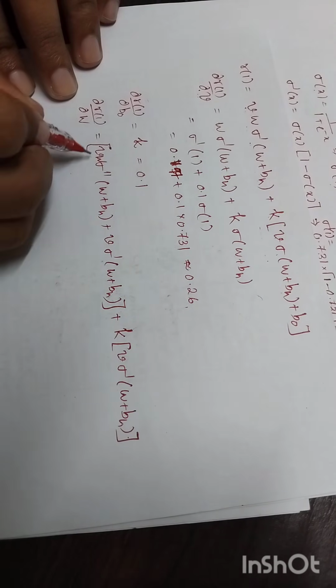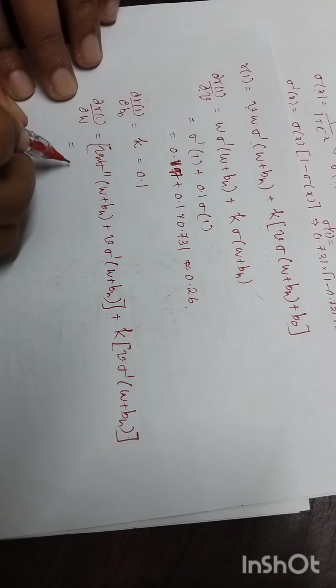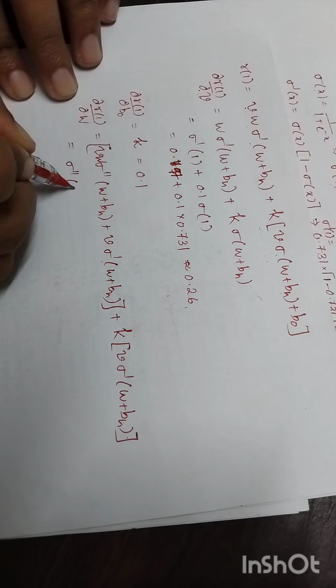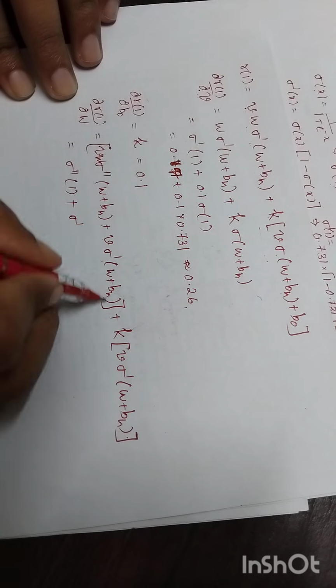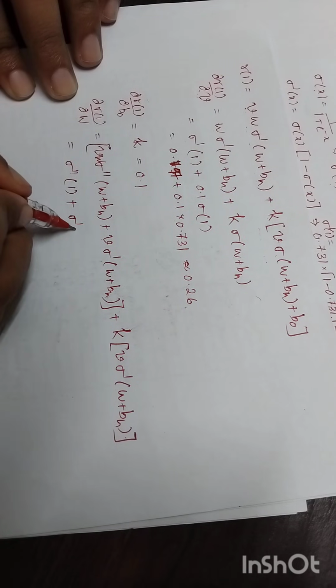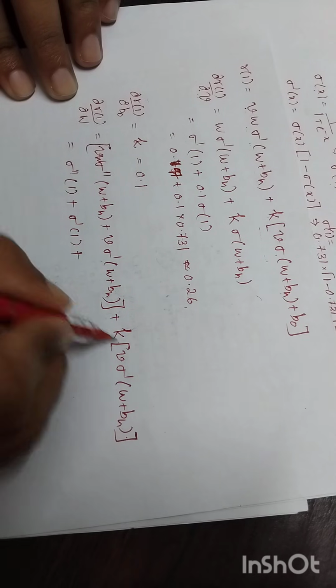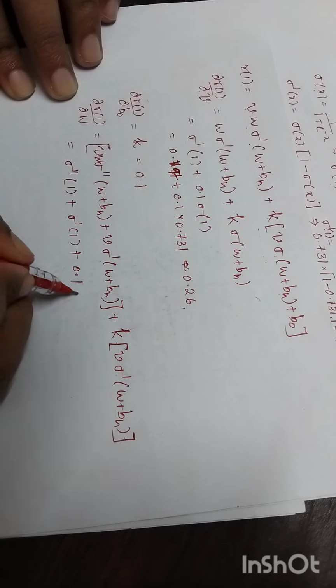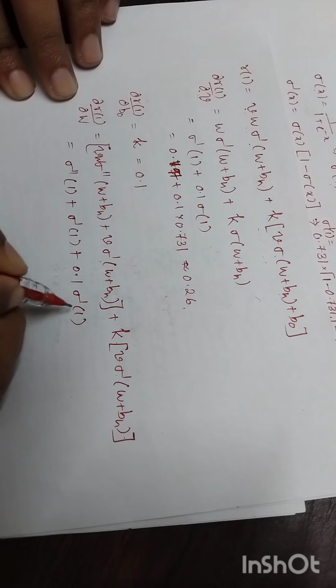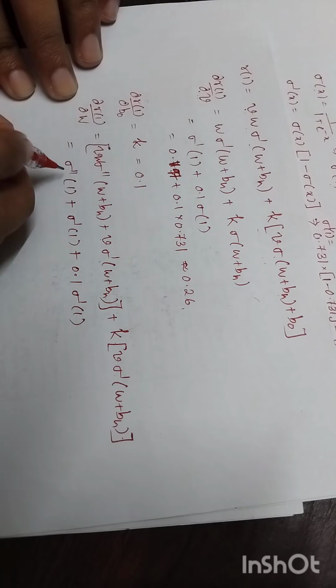So now putting the values, V is 1, W is 1, so this will be sigma double dash of 1 plus V is 1, this is sigma dash of 1, plus K is 0.1 into V is 1 sigma dash of 1. So just substitute the values.